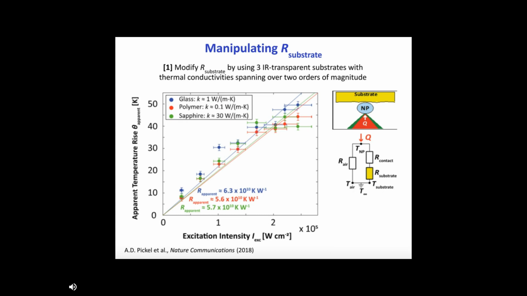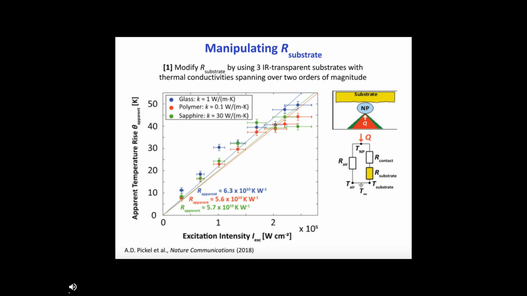We started by repeating our measurements on 3 different IR transparent substrates with thermal conductivity spanning over 2 orders of magnitude, namely a polymer, glass, and sapphire substrates. And when we did that, we measured an essentially identical apparent temperature rise in all three cases.